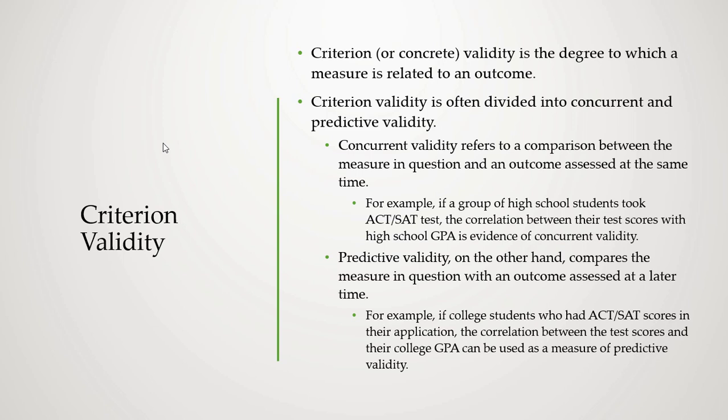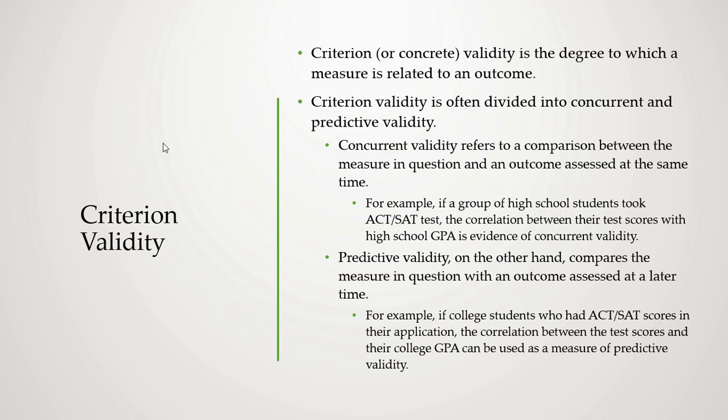For example, if a group of high school students took the ACT/SAT test to measure their academic aptitude, the correlation between their test scores with their high school GPA is evidence of concurrent validity.